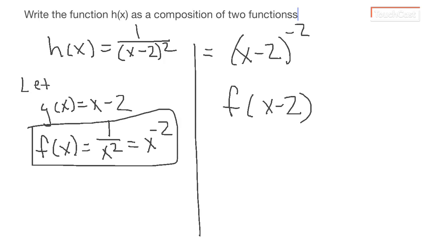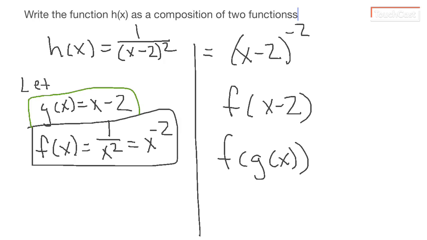We also said that g of x was x minus 2. So we can say we have f of g of x. So we've decomposed h of x, which was 1 over x minus 2 quantity squared, into two functions. One function being x minus 2 and the other being 1 over x squared.